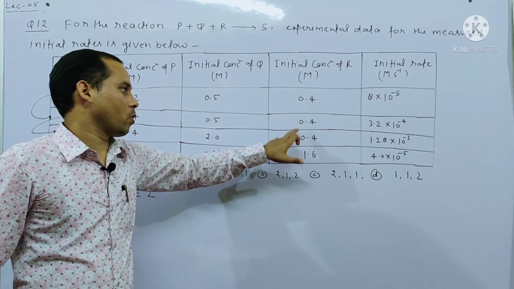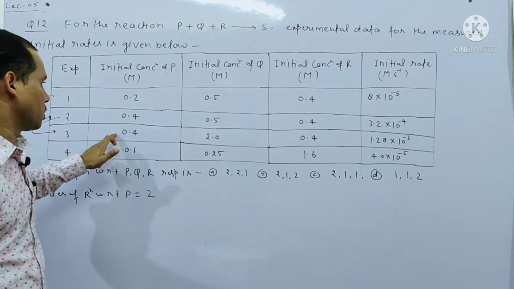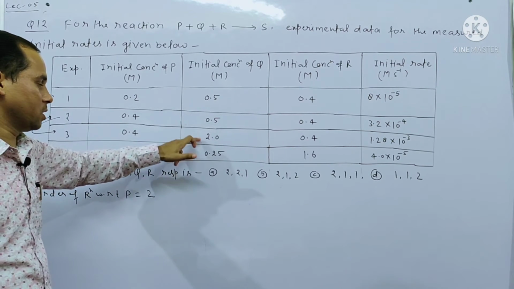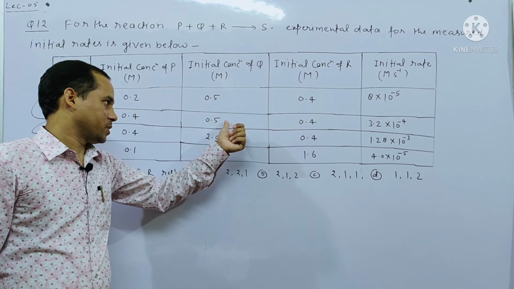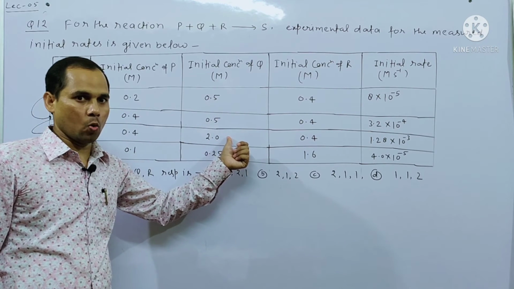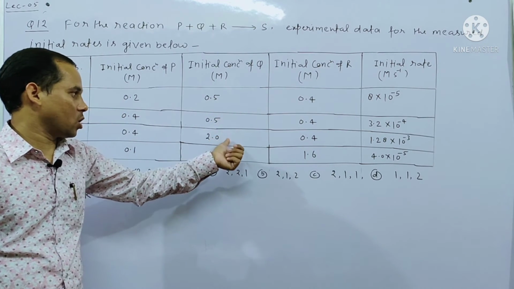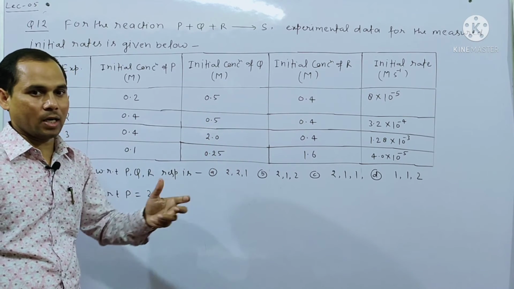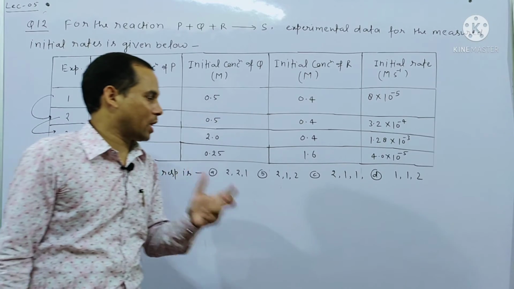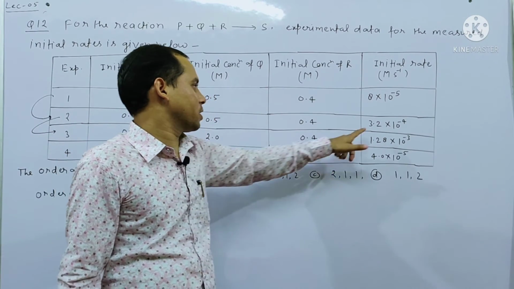The concentration of Q changes from 0.5 to 2. That means the concentration of reactant becomes 4 times. And what is the effect on the rate? Here, the rate is 3.2.